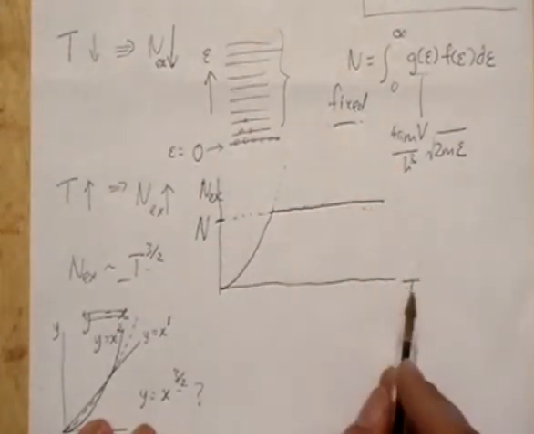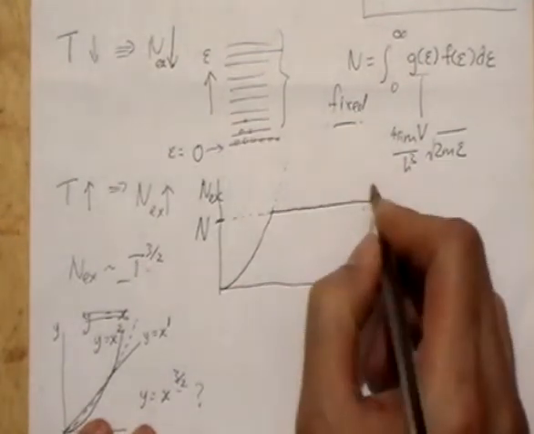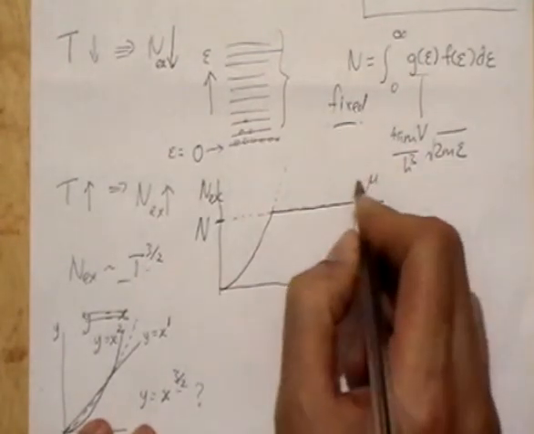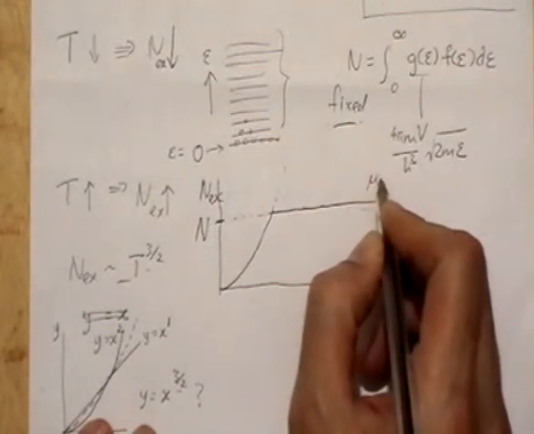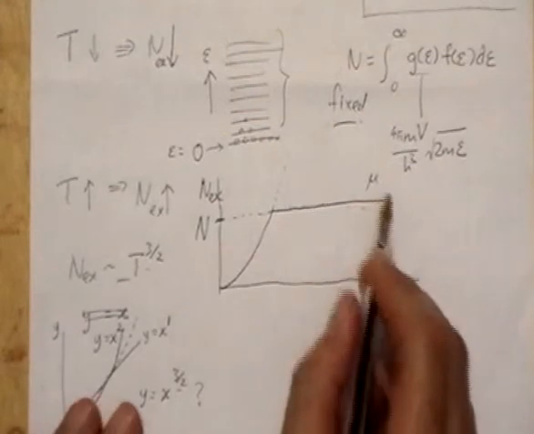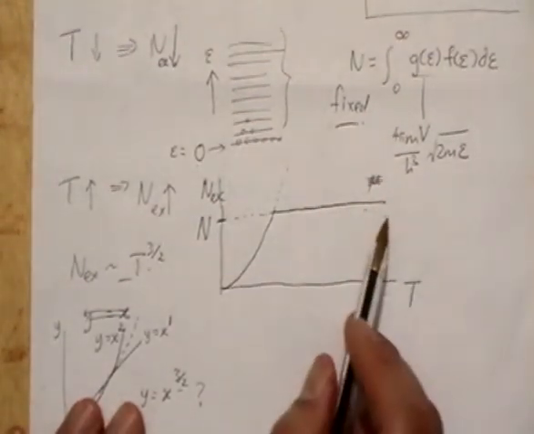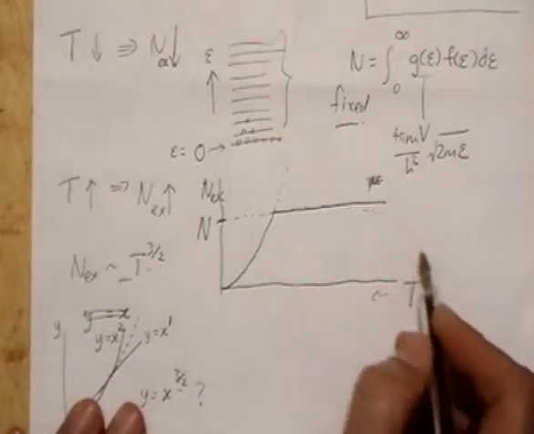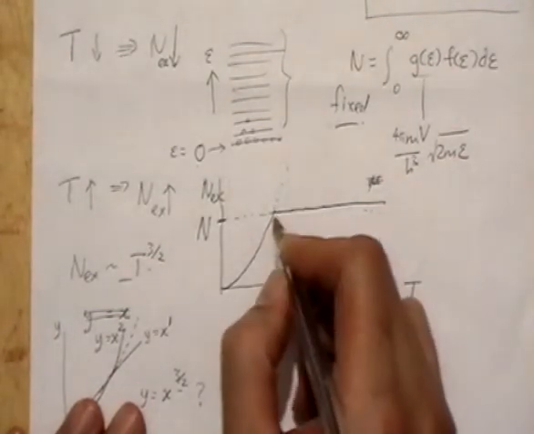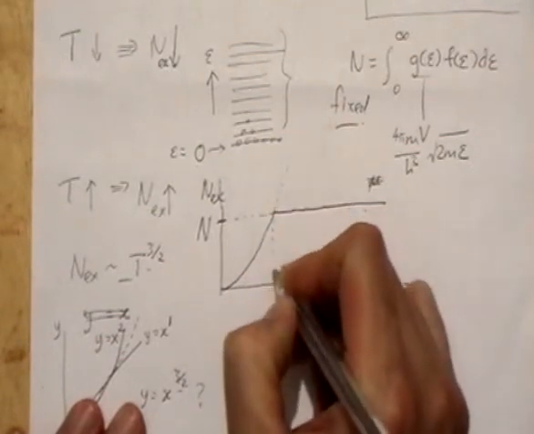So let's go to higher temperature. As temperature falls, mu decreases. Let me just cross that out. Let's think about what happens when the temperature reaches this point where the two lines meet.